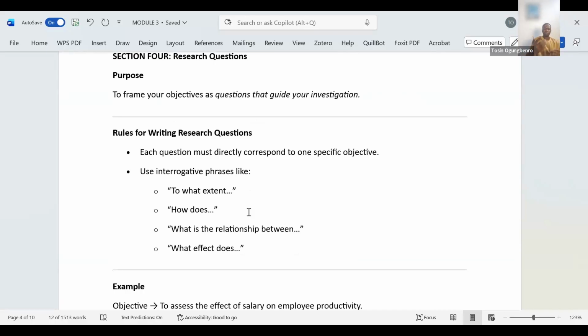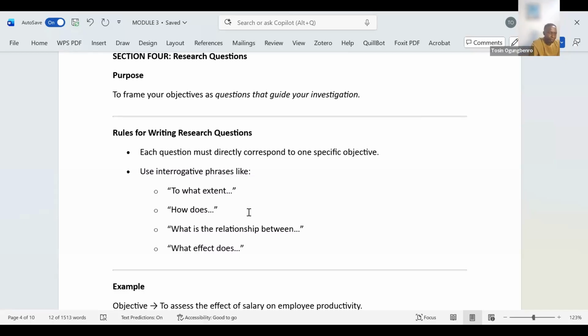Just like we have phrases we use for our research objectives, we have phrases we use for our research questions: to what extent, how does, what is the relationship between, what effect does, and so on. And it's not an open-ended question. Your research question cannot be open-ended. It must be closed-ended and measurable. It must have measurable variables, just like your objective.